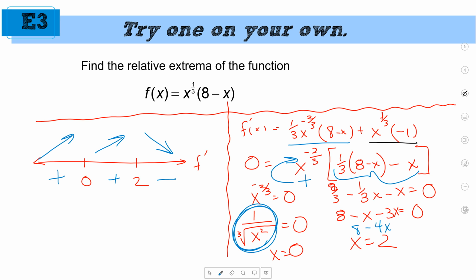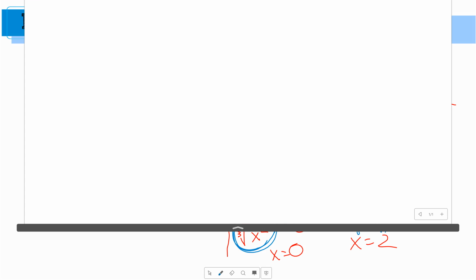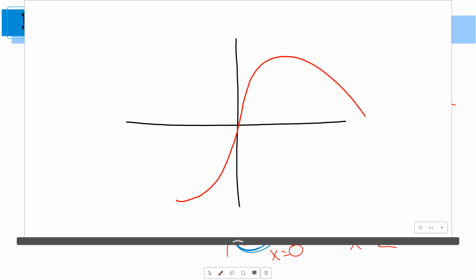Yes. Why? Okay. Looking at your picture, by the way, you should have something that looks like this. What's happening at 0?